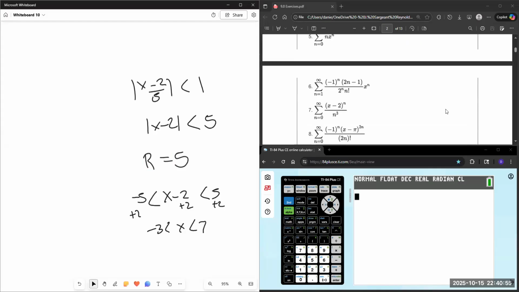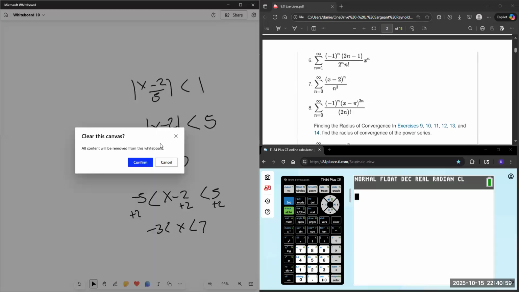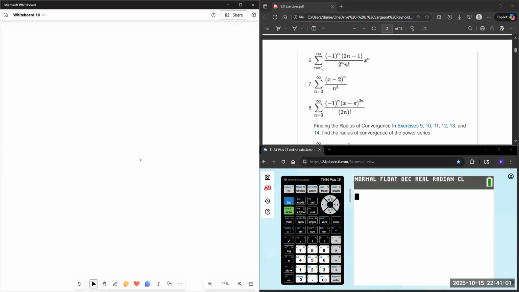Let's look at number 7, where we talk about where the center C is for this series. N equals 0 to infinity, x minus 2 to the n over n cubed. So the center is where this factor that's raised to the n power would be 0, because if I add an infinite amount of zeros, that's pretty trivial that that converges to 0.